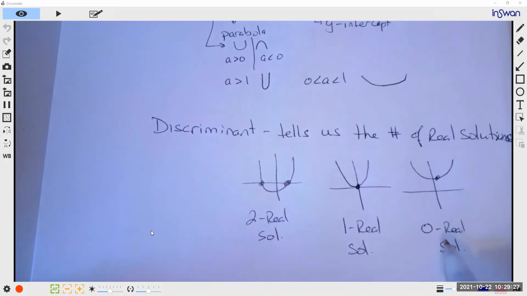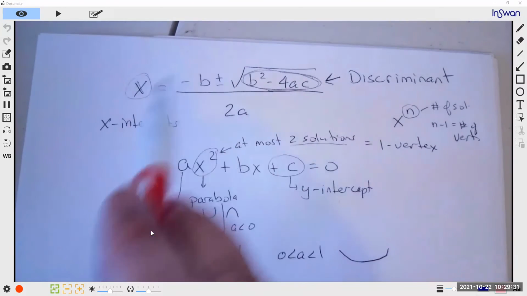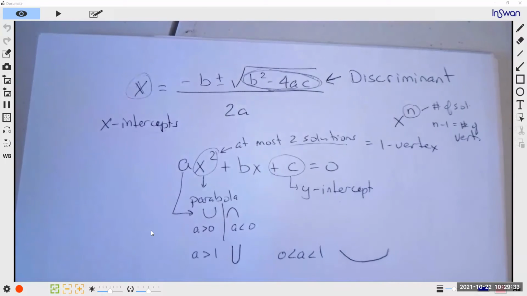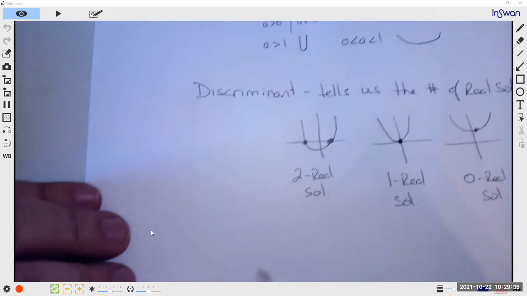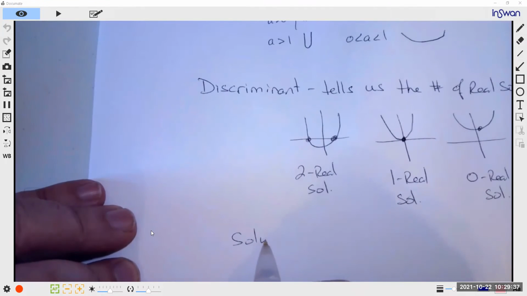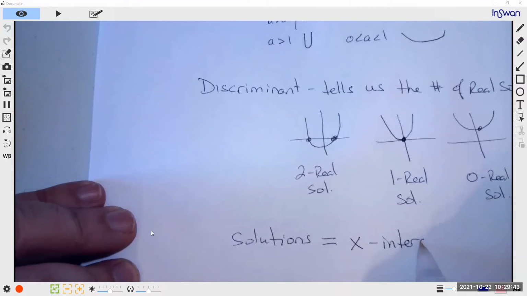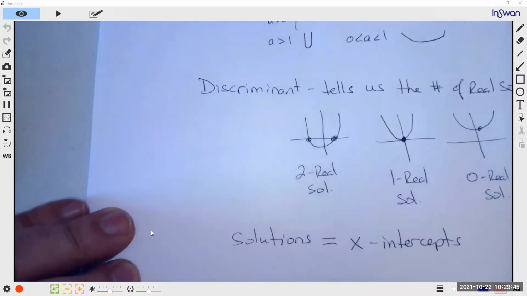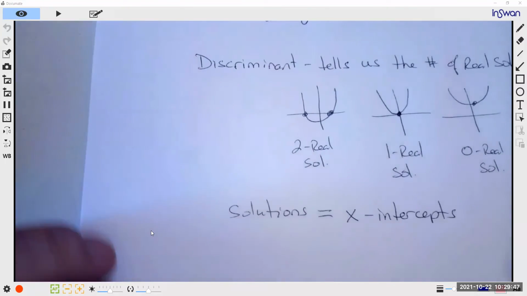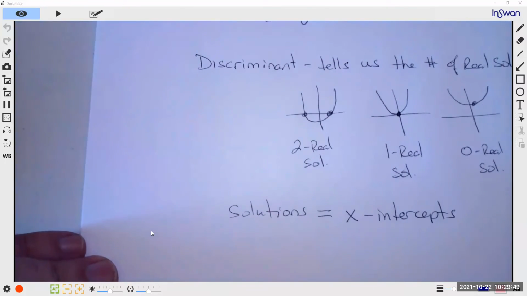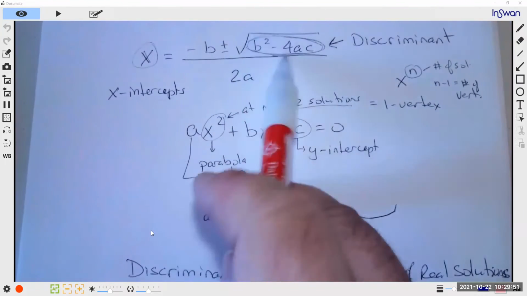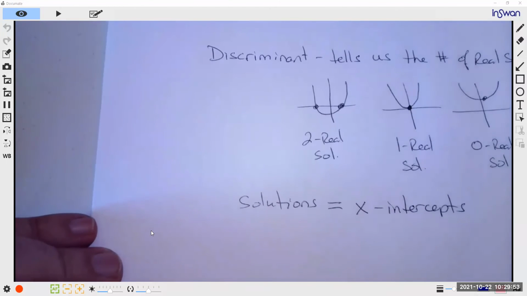Because if you're going to have no real solutions, there's no need to do this. Remember, your solutions are the x-intercepts. So if you're going to have no real solutions, you don't have to worry about doing the factoring or the quadratic equation. You're done.